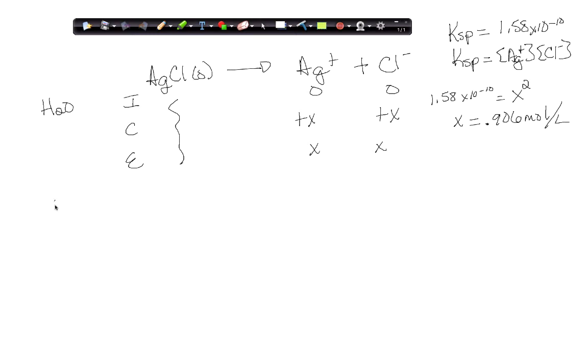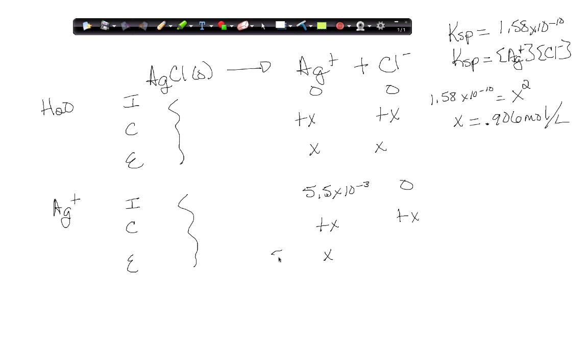So let's see how this is impacted if I put it into a solution of silver. So the silver initially has a concentration of 5.5 times 10 to the negative third. So we're doing the same thing. It's just now it's not starting at 0. So this will be starting at 0 because I don't have any chloride ions present, and it's still the same process. So if I were to dissolve it, how much comes out?